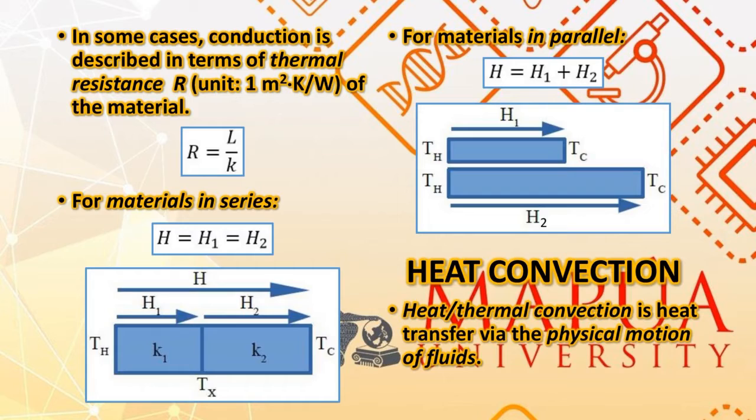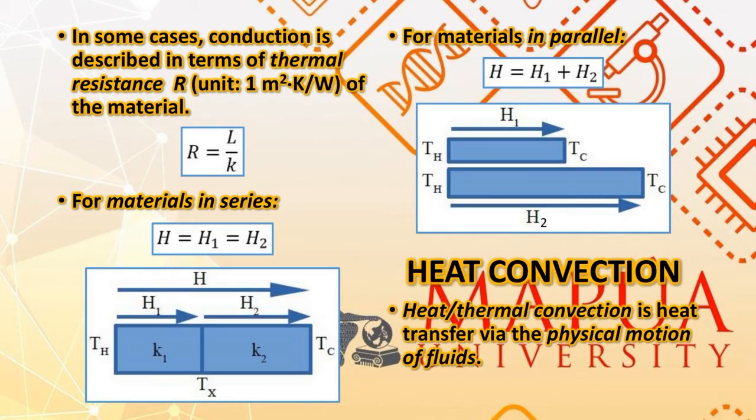Next up, we have heat convection. Heat convection is the dominant heat transfer mechanism in fluids, in liquids, and gases. Thermal convection or heat convection is heat transfer via the physical motion of fluids.